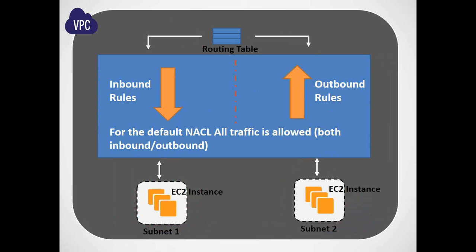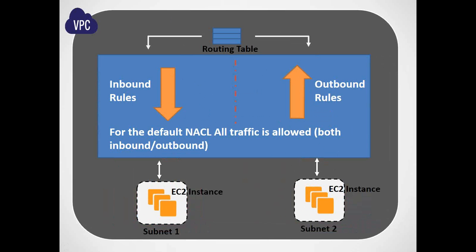Okay. Now, for the default NACL, because whenever you are creating a VPC, you will be getting a default internet gateway, you will be getting a default routing table, as well as you will also get a default NACL. And when you have the default VPC, in the default NACL all the traffic will be allowed. So by default, there will be no restriction on the default NACL.